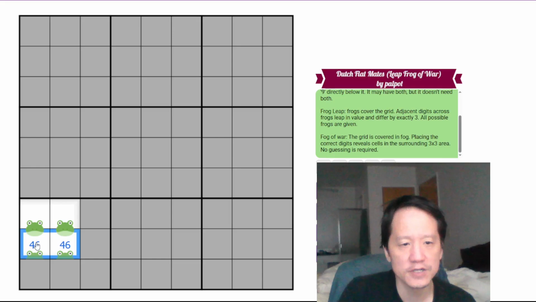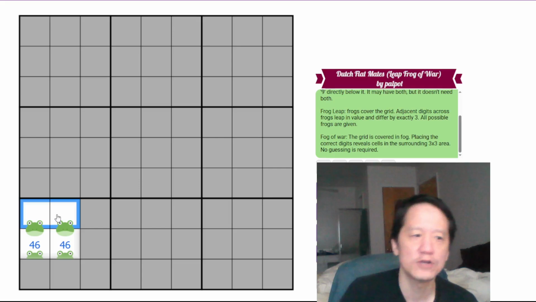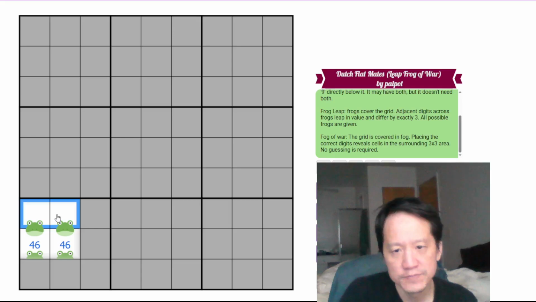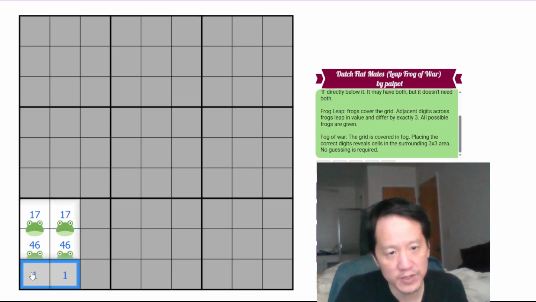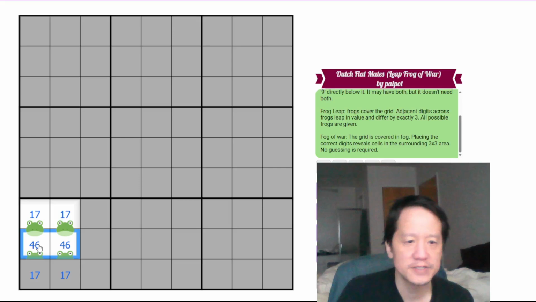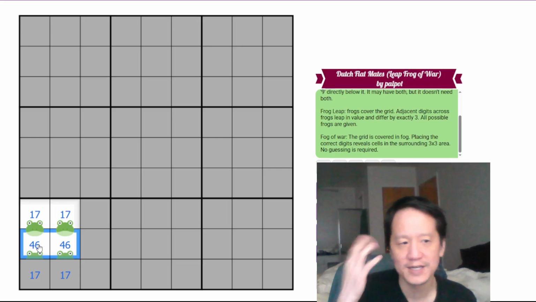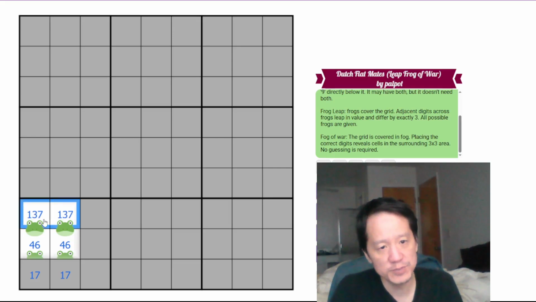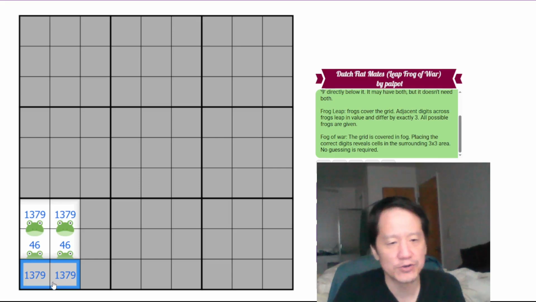The 4 can only be next to 1 and 7 if it's next to 2 frogs. So 1 and 7 have to be in some combination here. And the 6 can only be next to 3 and 9 if it's next to 2 frogs. So this must be 3 or 9, and this must be 3 or 9.